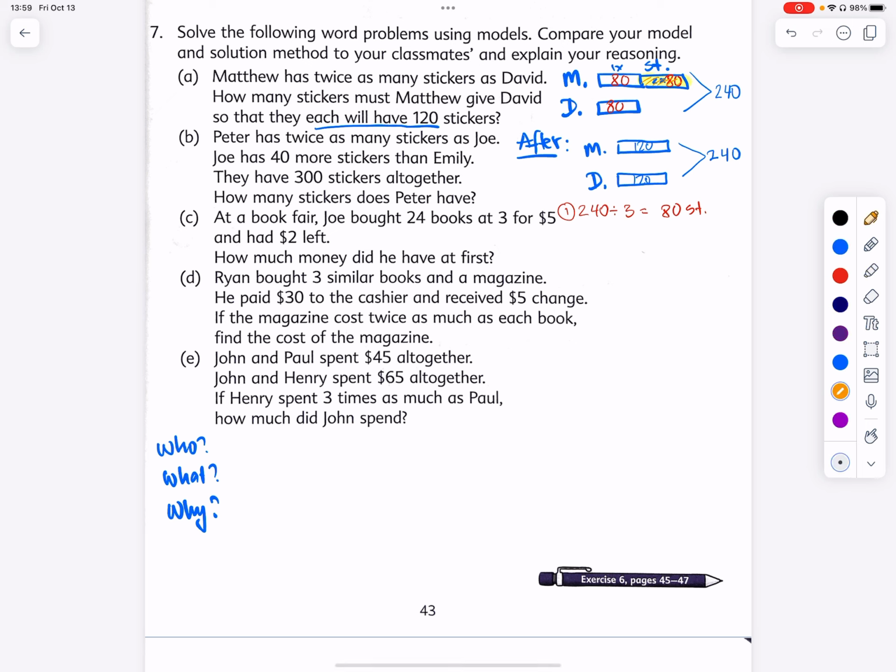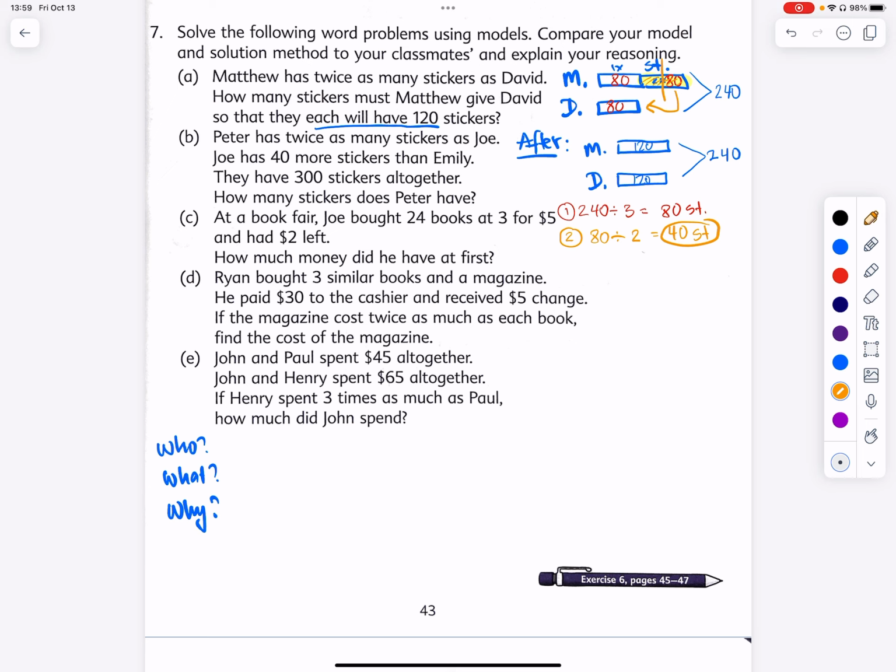And if we want to share this difference equally, that means half of that difference has to go over to David. So step 2, 80, which is the difference, dividing to 2 equal parts equals 40.